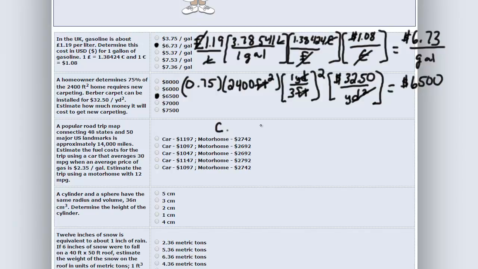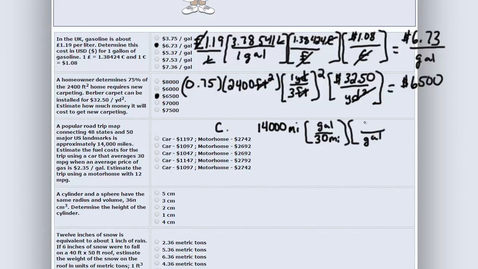So if you take a car, you're going to go 14,000 miles, and your car is getting 30 miles per gallon. And gasoline is $2.35 a gallon.